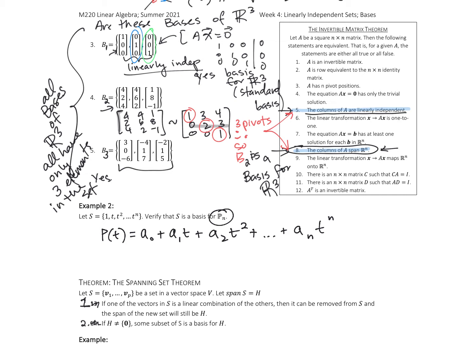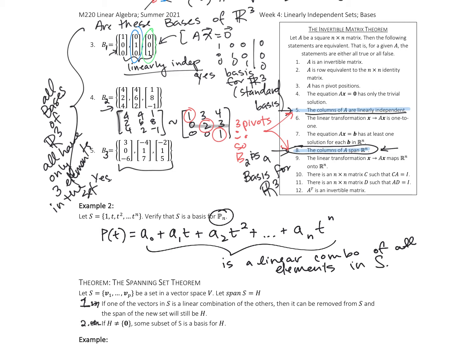And hopefully what you can see is that this, by definition, is a linear combo of all the elements in S, and that I can get any polynomial of degree n out of this equation, right? So absolutely any polynomial can come out of there. And then this thing only equals 0 for the 0 vector, right?